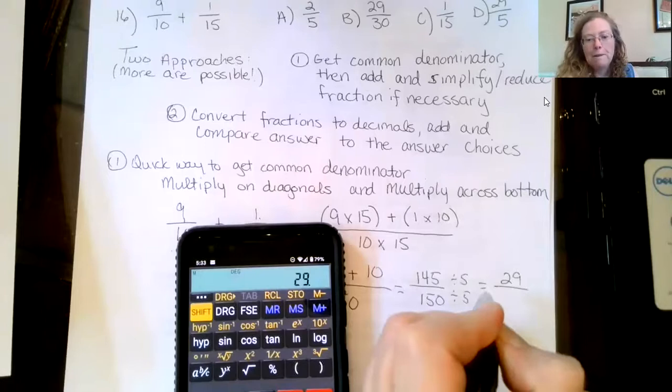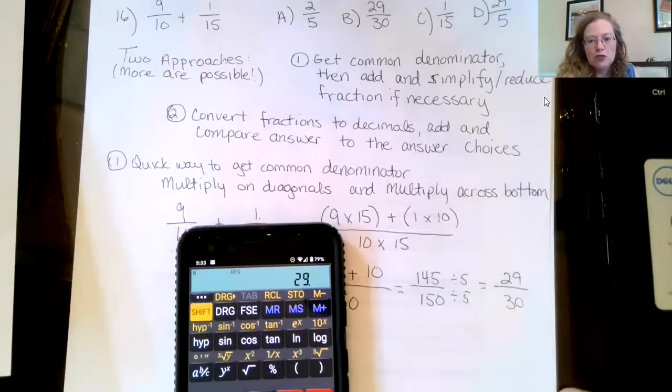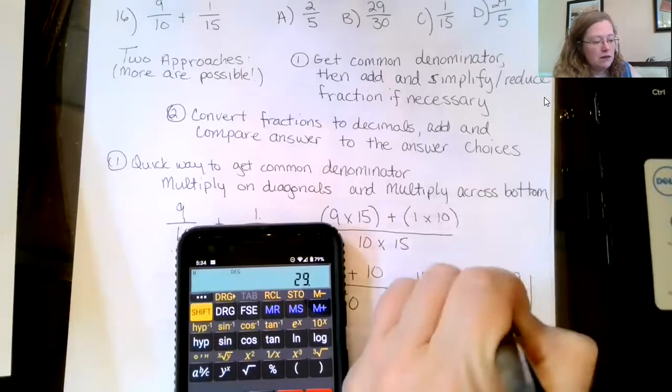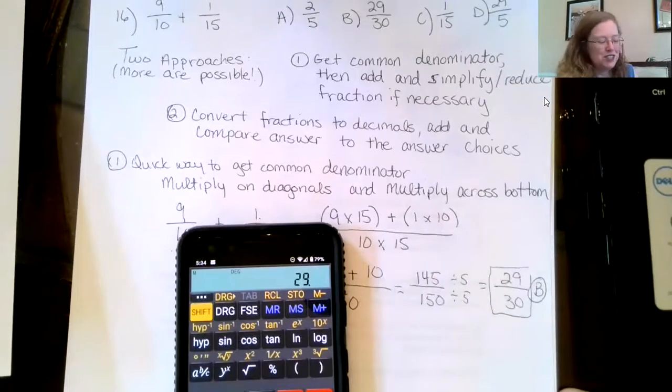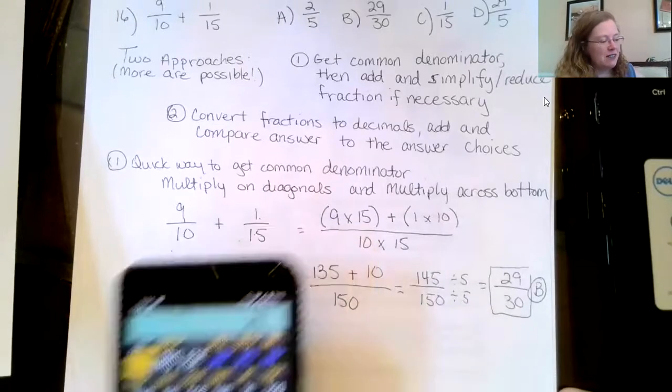So 29 over 30. That's letter B. So that is a way that you can do an addition. Let's try the second method.